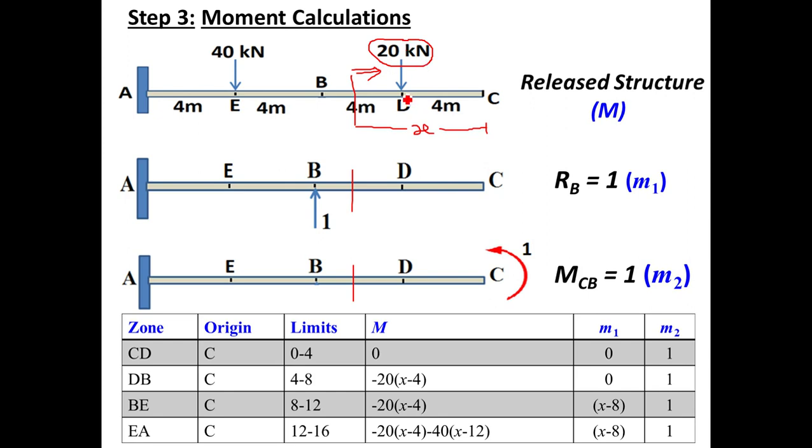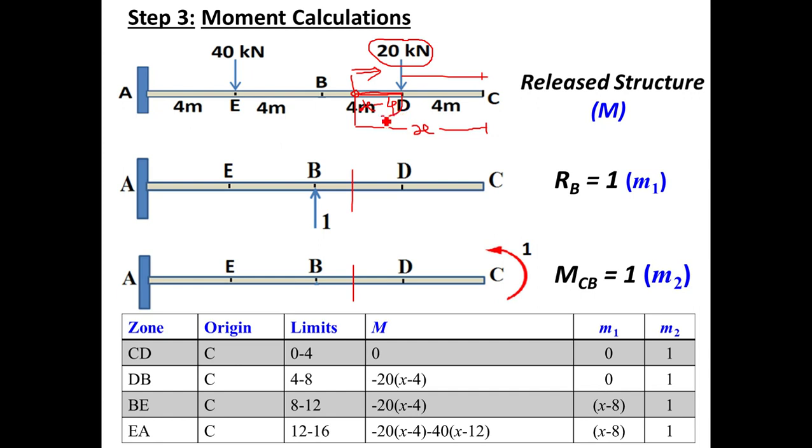Now we have to take the moment of this 20 kilonewton about this point. The perpendicular distance between this point and the point where the point load is acting is this distance. To calculate this distance, this is total X, so if you remove this distance from X, we will get this distance. So it is equal to X minus 4. So the moment of 20 kilonewton is 20 into X minus 4.